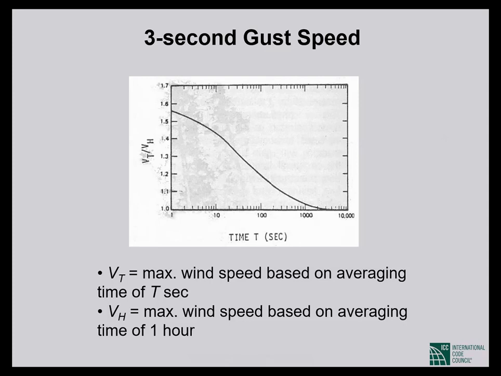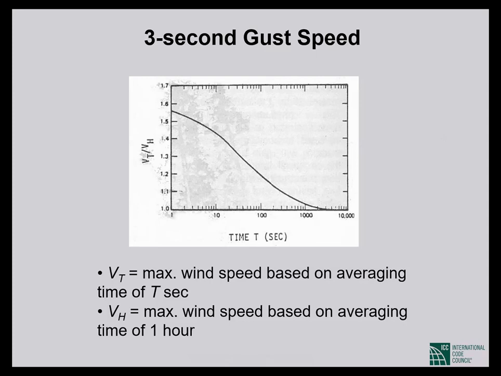Okay, it is the same wind speed, but depending upon the averaging time, the number will be different. 3-second gust speed would be larger than fastest mile wind speed. 70 miles per hour fastest mile wind speed will be something like 90 miles per hour 3-second gust speed. I emphasize this is the same wind, nothing has changed. What has changed is the averaging time, and that changes the average.